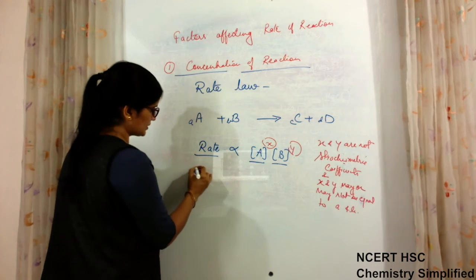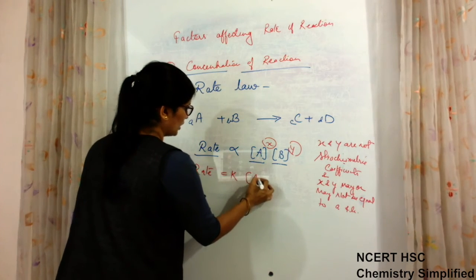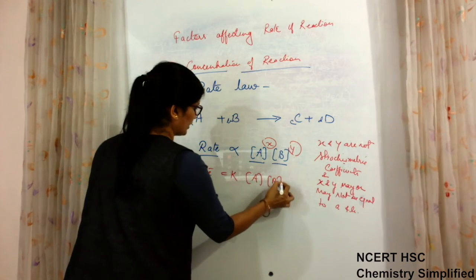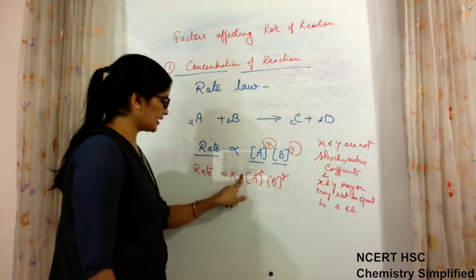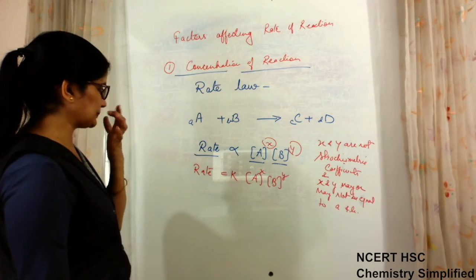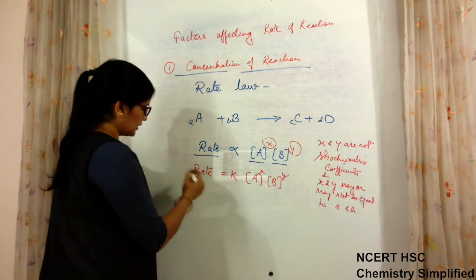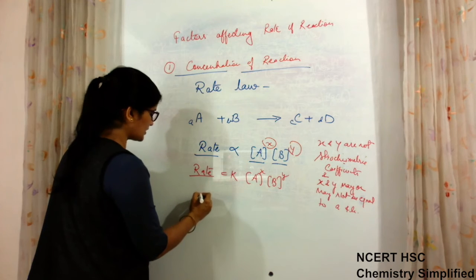Now let me convert this as rate is equal to K, concentration of A, concentration of B raised to power x and y, where K is known as the rate constant of the reaction. This rate which we are expressing is actually the instantaneous rate.